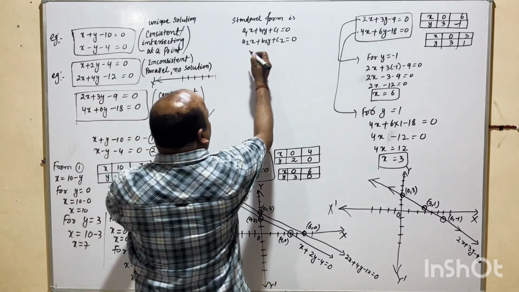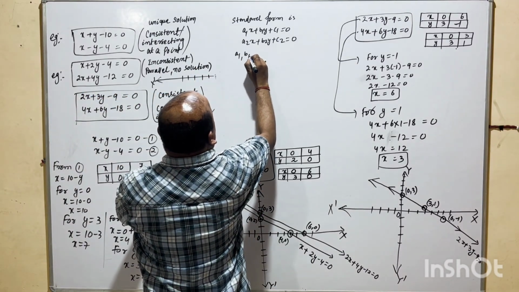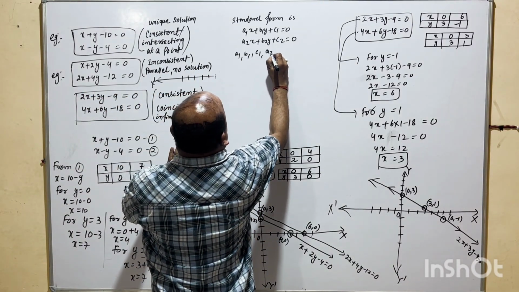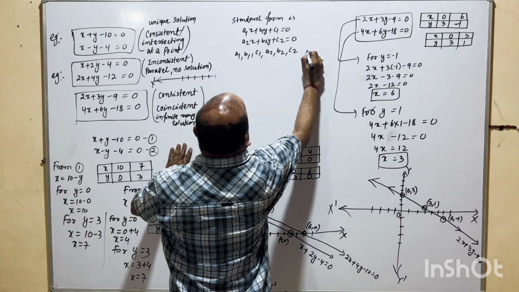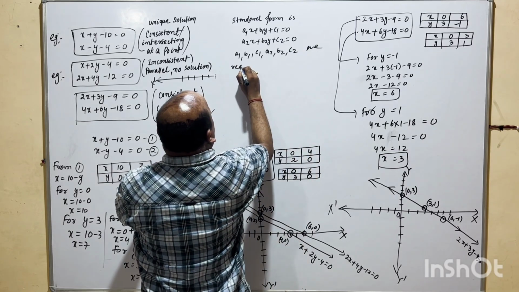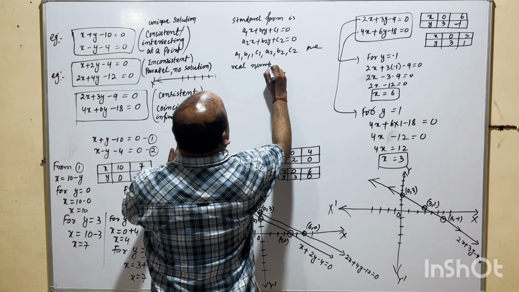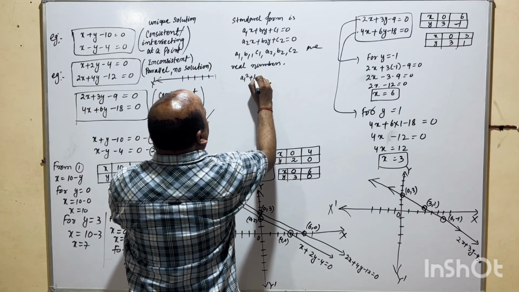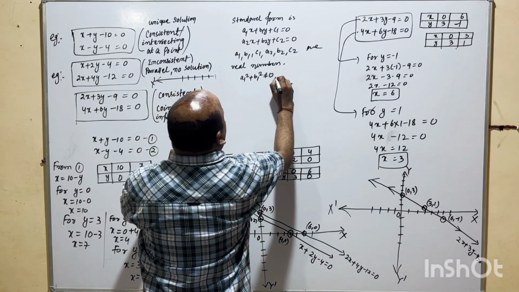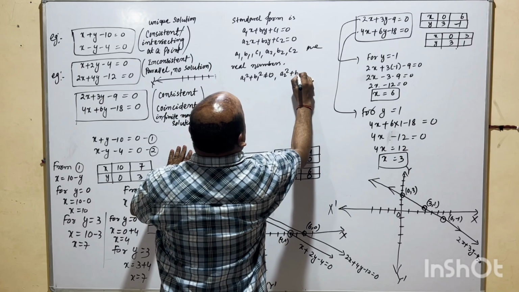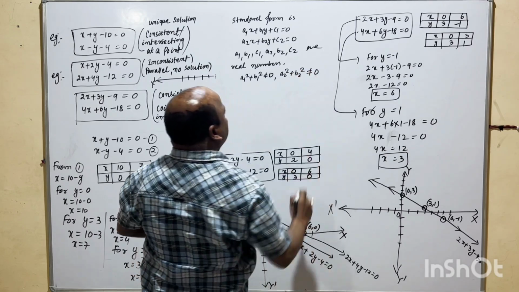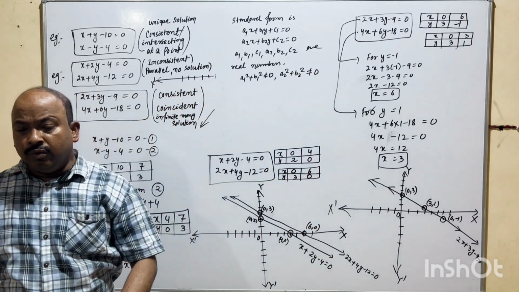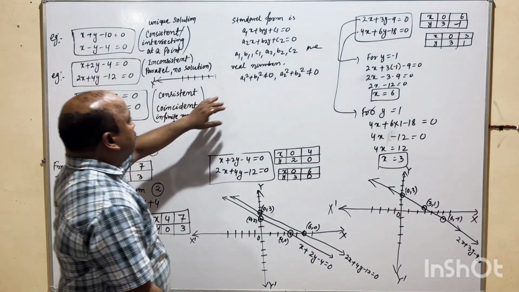So similarly here, a1, b1, c1, a2, b2, c2 are real numbers, and a1 square plus b1 square not equal to 0, a2 square plus b2 square also not equal to 0. Just pause it. Okay.